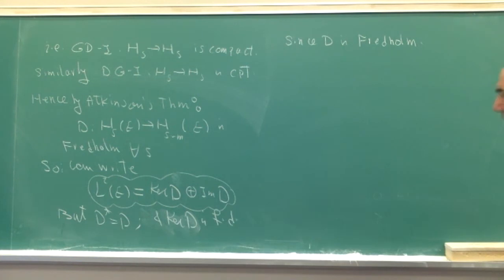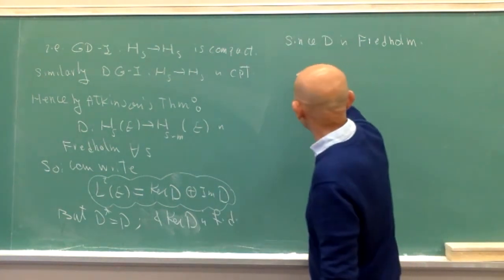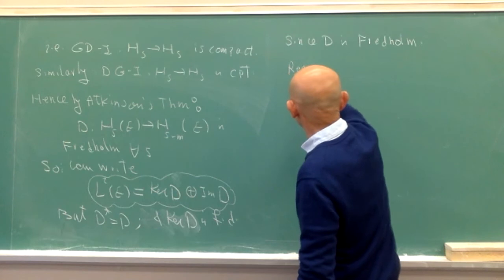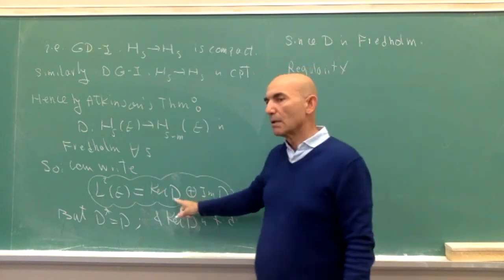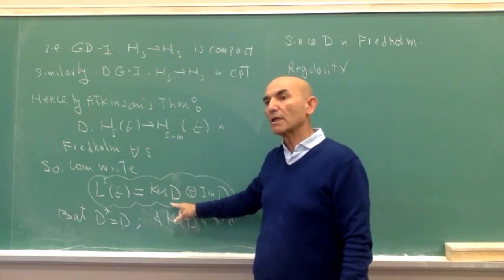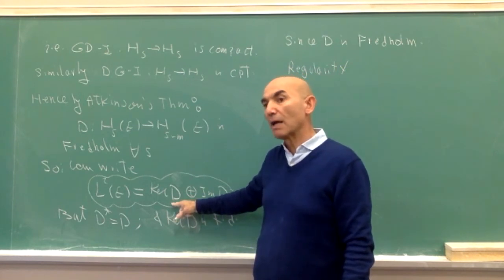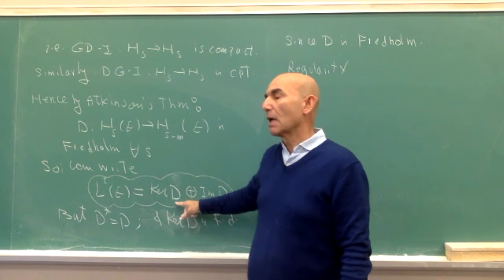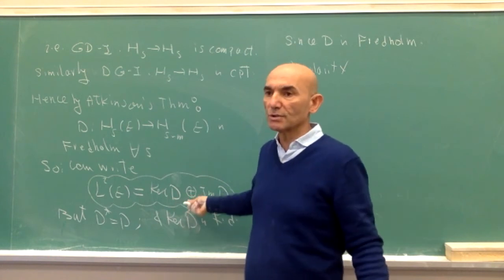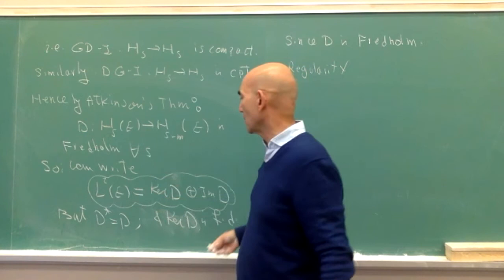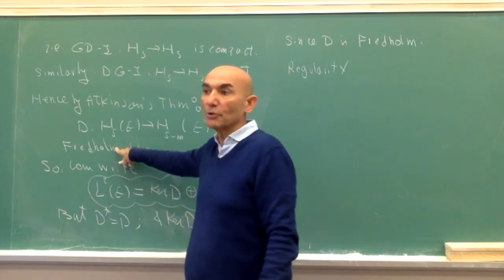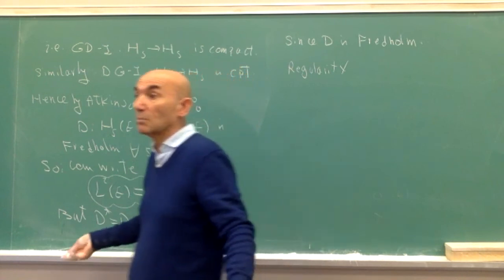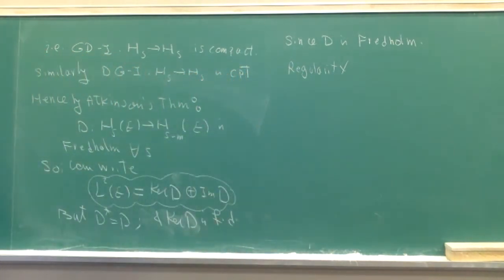So now regularity. At this stage, we still don't know that kernel of D is inside C infinity of E. These are generalized solutions. This is inside H2. These are H2 sections. A priori they could be just some functions, maybe once differentiable functions.